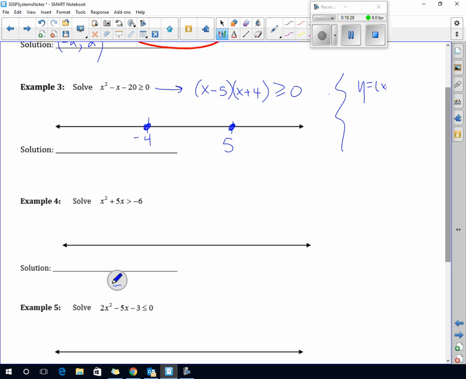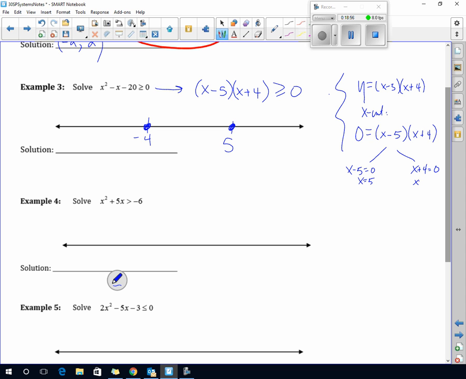And then in order to get a product of 0, these factors have to be equal to 0. So back in the day, we wrote it out and said x minus 5 equals 0, x plus 4 equals 0. We moved it over and got x equals 5 and x equals negative 4. But I don't think anybody's really at that point where we do that anymore. Once it's factored, we can just see what it is, right?